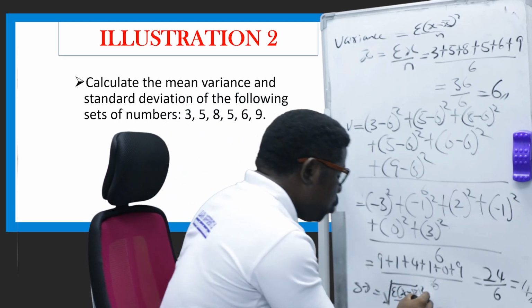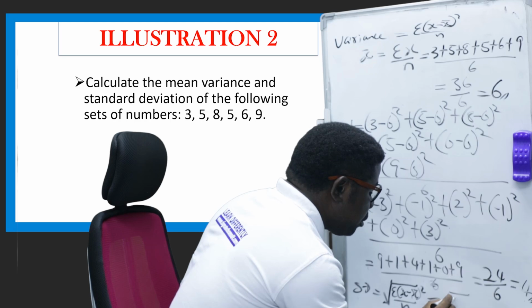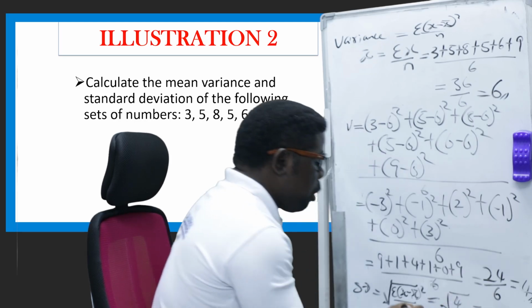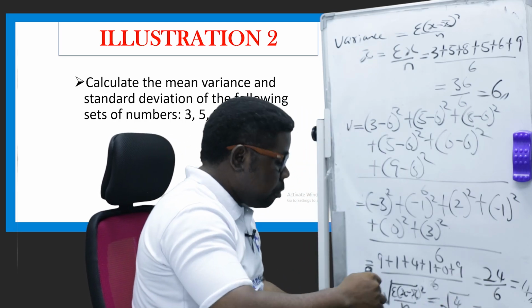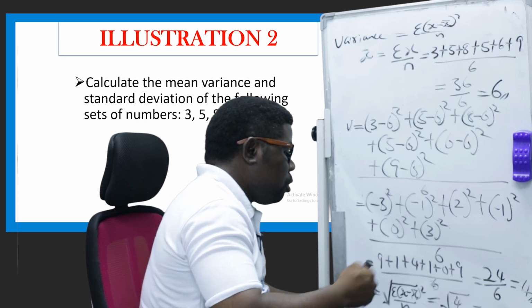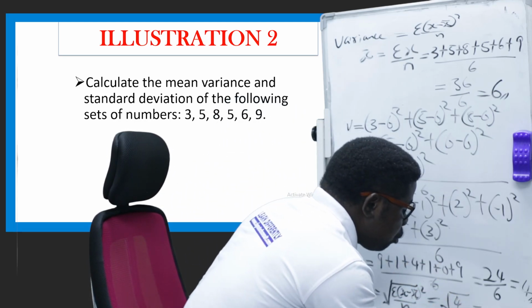We get our variance, which is 4, and the square root is 2. So our answer is 2.